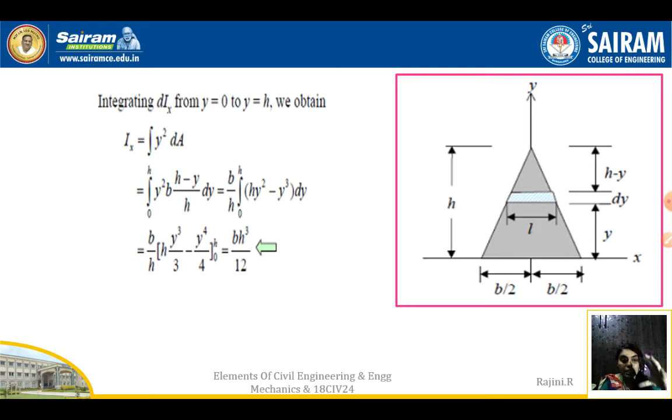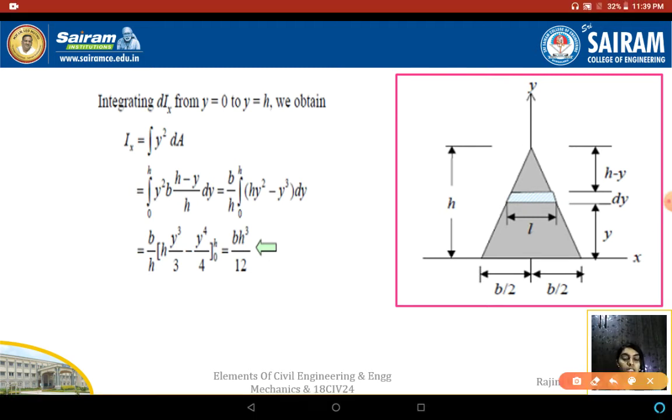Integrating dIx from y equals 0 to y equals h, we need to integrate y square into dA, and we need to give the limits. While doing the centroid derivations also I explained how to give the limits for the integration, that is minimum to maximum.